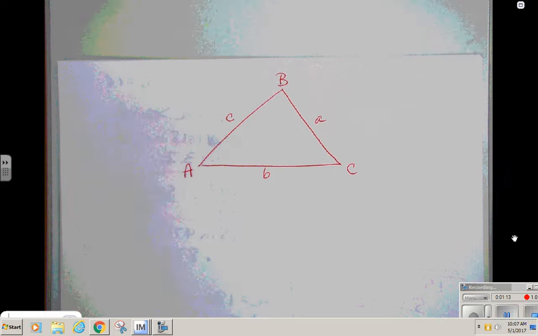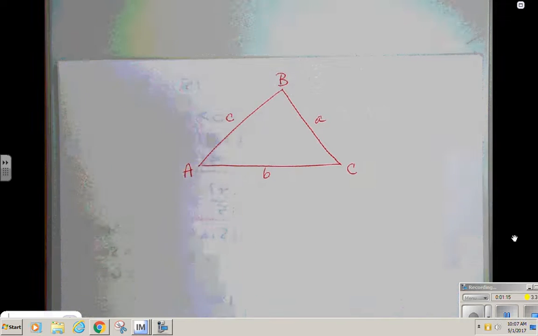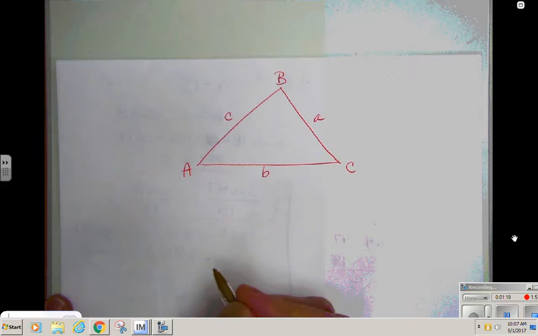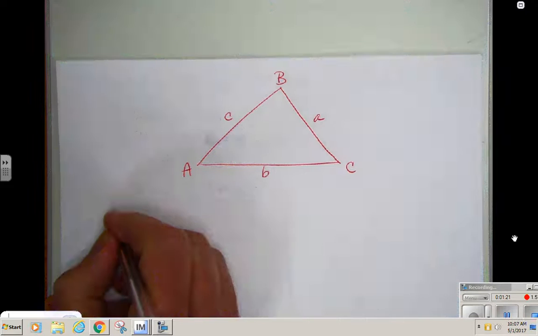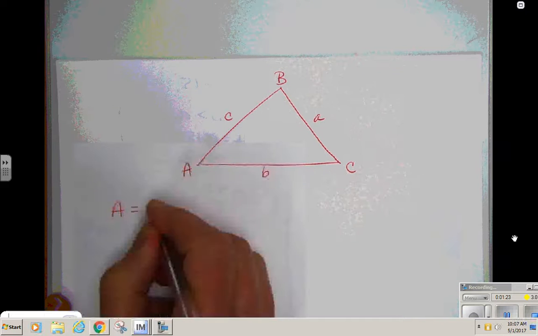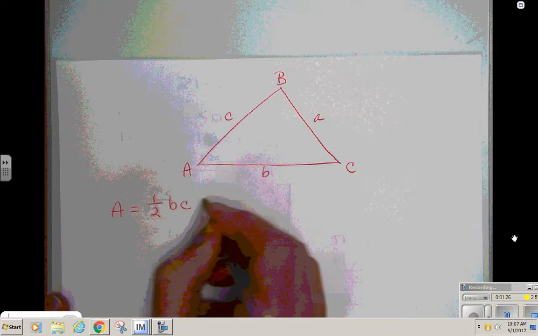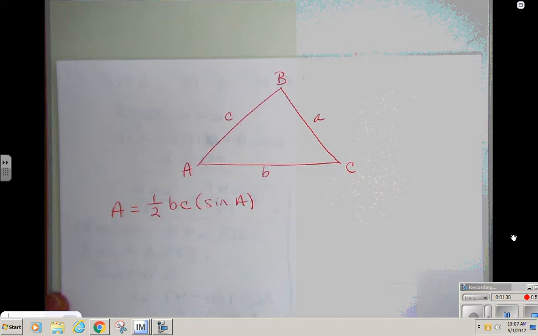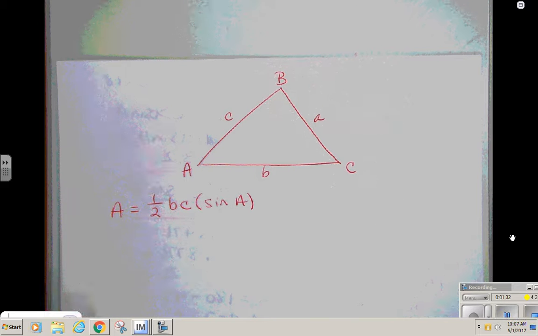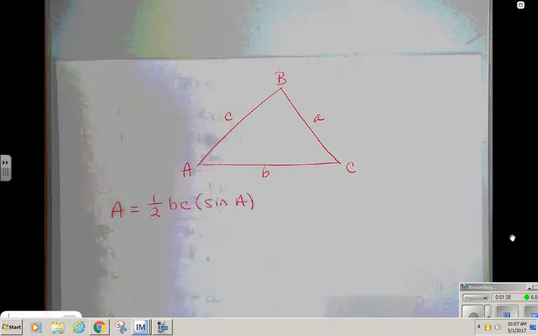Okay, so the way you can set this up, you need to know two sides and an angle. So your area is going to be 1/2 side B times side C and the sine of angle A. So it's two sides and then the angle that's in between them. You can use any two sides as long as it's the angle in between the two sides.